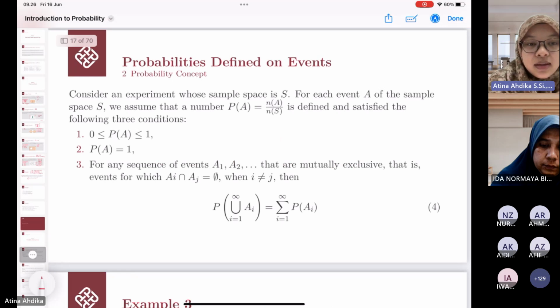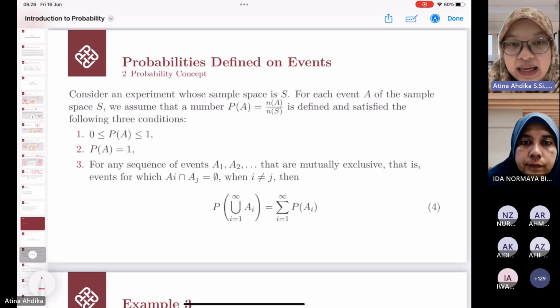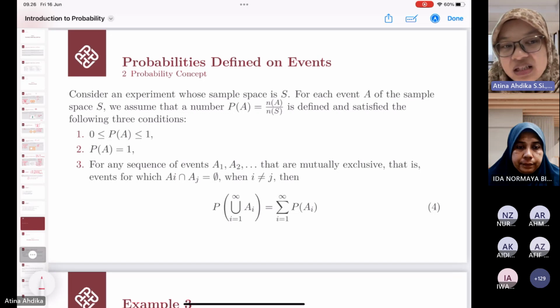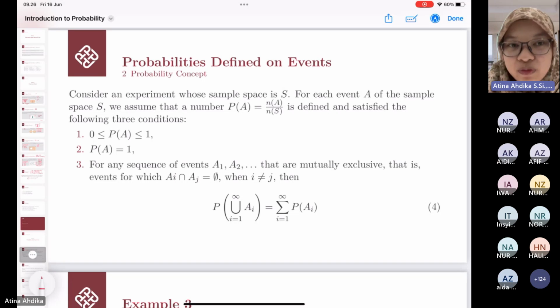First, consider an experiment whose sample space is S, and then we have an event A of the sample space S, and assume that a number P(A), the probability of the event A, which we can calculate as the proportion between the number of outcomes in A and the number of outcomes in the sample space. And then the probability of A has to satisfy the following three conditions.